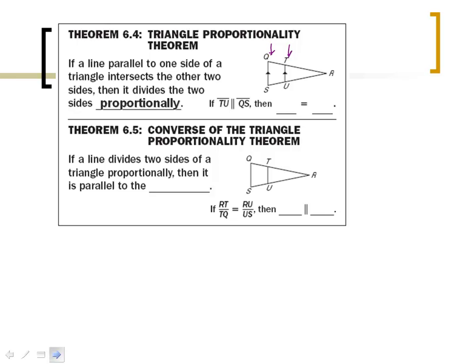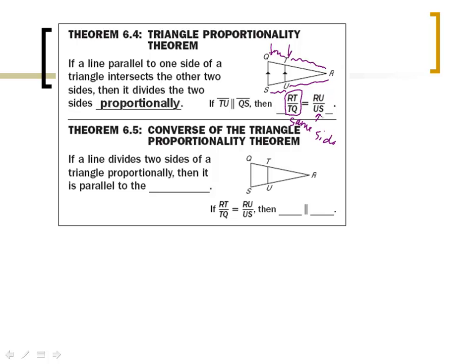So if TU is parallel to segment QS, then we know that RT over TQ is equal to RU over US. So notice these are on the same side of the triangle. Those are on the same side of the triangle.